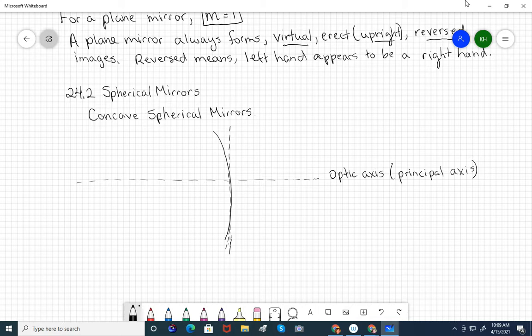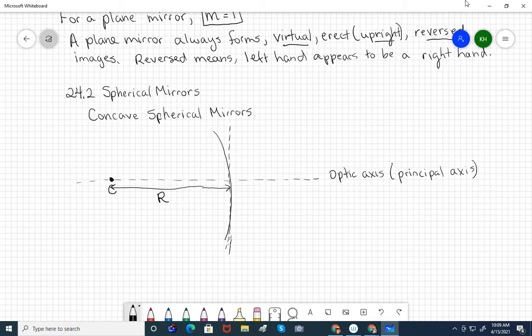All right, and I'm not measuring this, so we're just going to call the center of curvature C. And the distance from this vertical line I've drawn all the way to the center of curvature is called R. That's the radius of curvature.